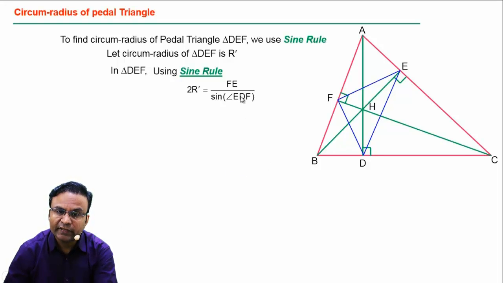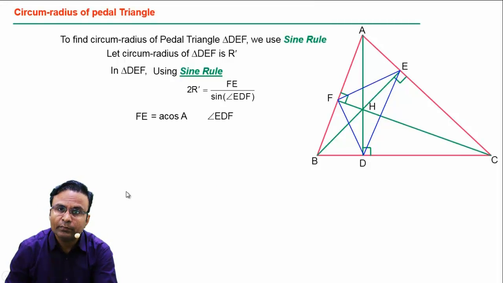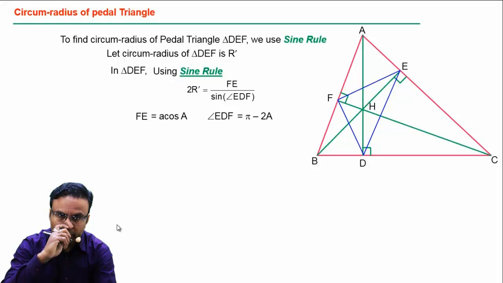Now we know this length FE. Length FE is equal to a cos A. It's a side of the pedal triangle, which we have just derived. And what is angle FDE? Angle FDE is equal to pi minus 2A. Put these values in the above formula.